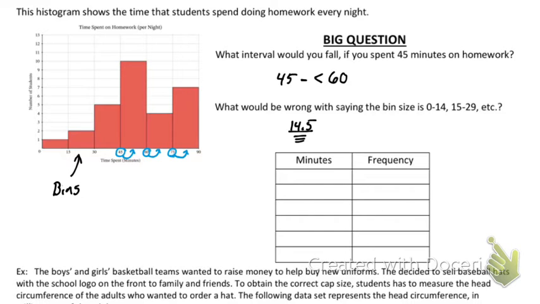Here's going to be the biggest mistake that I see on tests, on projects. Let me erase that real quick and write a big thing. I'm going to see people that go, okay, that's 0 to 14, and then you'll put 15 right next to it. It's always one number that goes there.